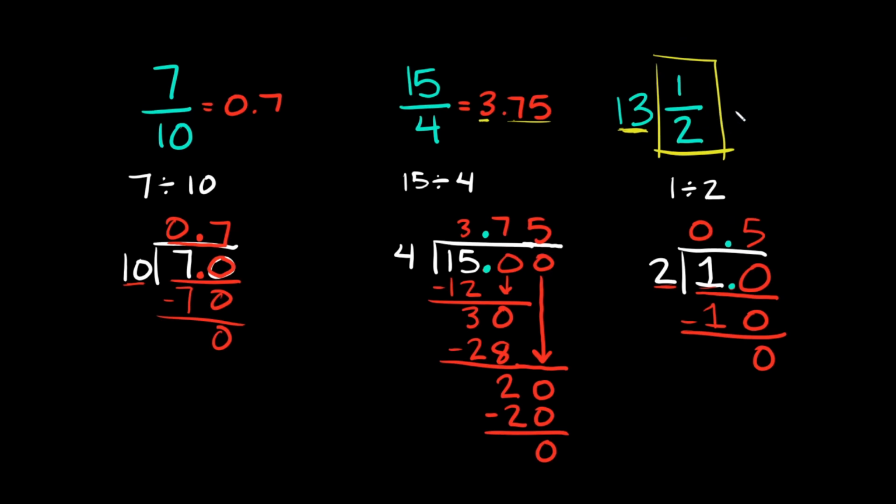Okay, so 13 and 1/2 written as a decimal would be 13.5. Okay, because remember, this is your whole number, right? So that's why we put it right there in the whole number part. And then the fraction 1/2, written as a decimal, is 0.5, right? Which is why we put it right there.